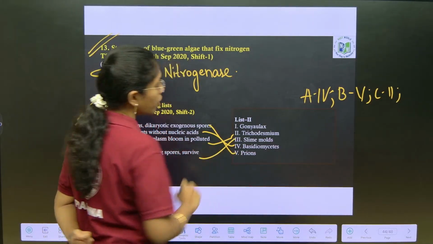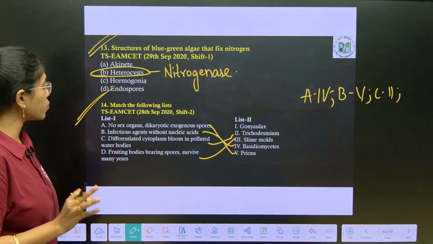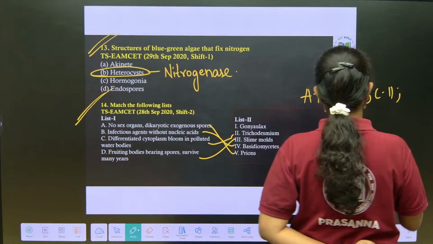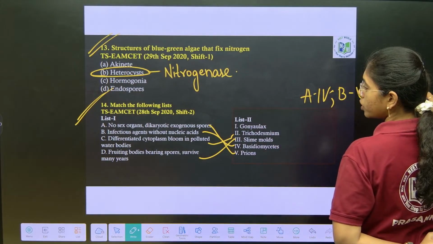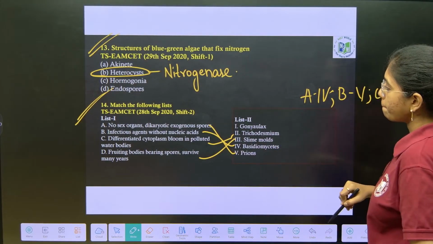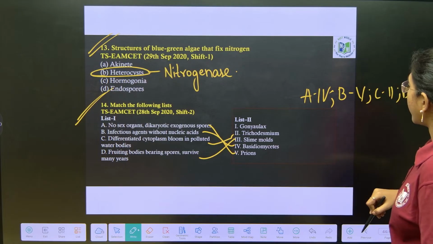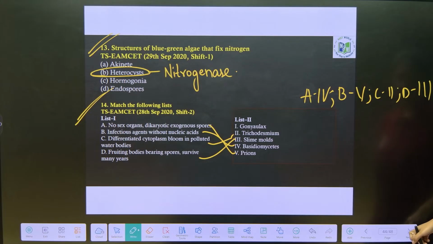Slime molds, right? Because slime molds produce spores with a cell wall, which survive for many years. That is, D is option 3. So, A4, B5, C2 and D3.